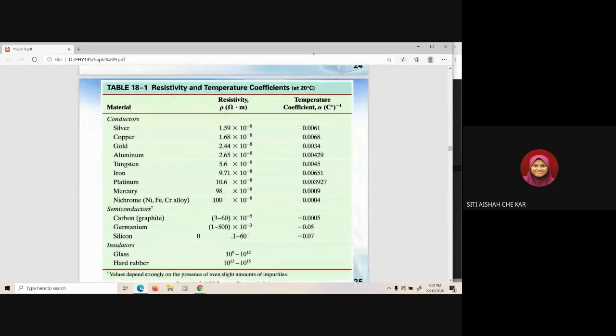Okay, ini contoh-contoh resistivity for different materials. We have silver, copper, gold, aluminium and so on lah. So kalau you tengok kat sini, hard rubber yang paling tinggi resistivity dia.